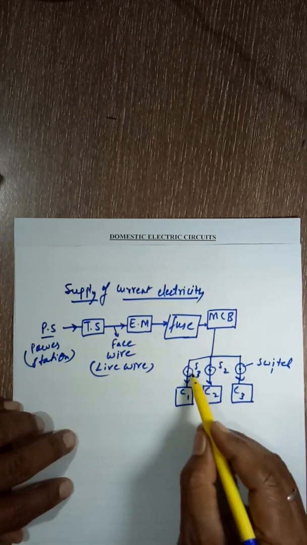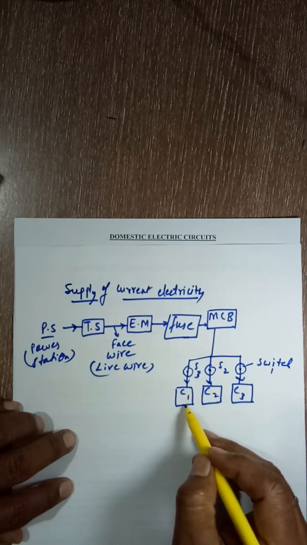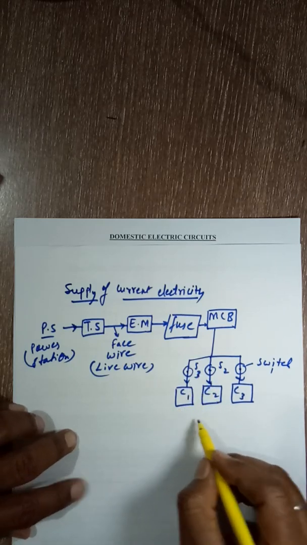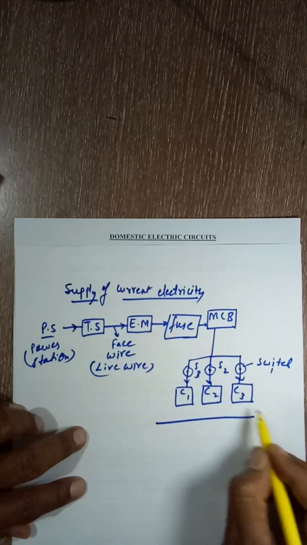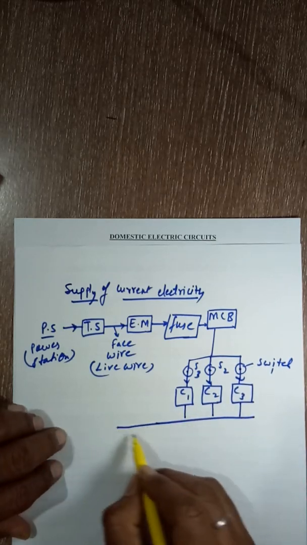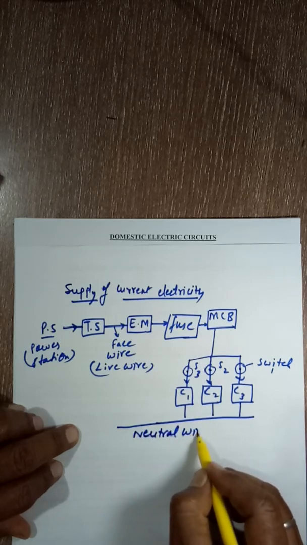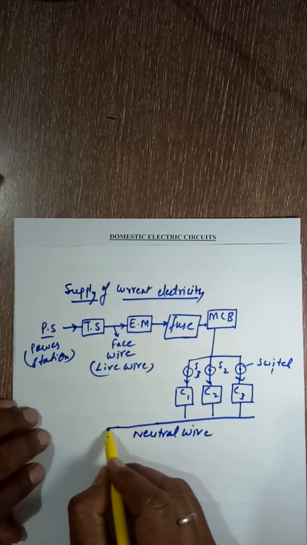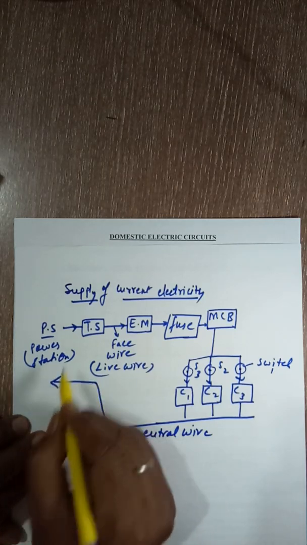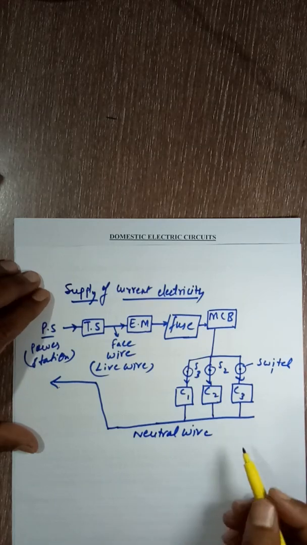When you switch on the first switch, electricity will go to the first component, and there is a common wire called the neutral wire, which goes back to the power station.